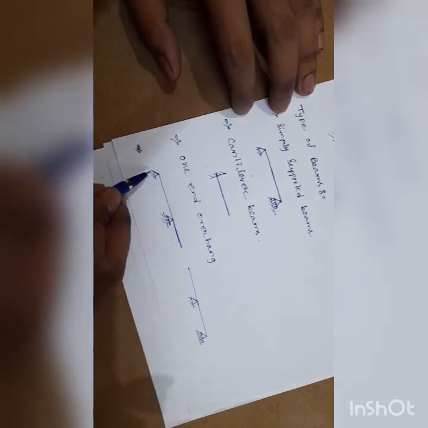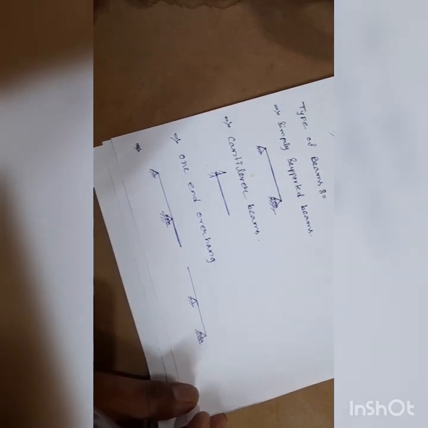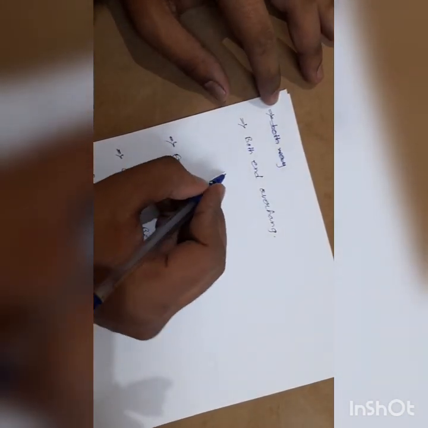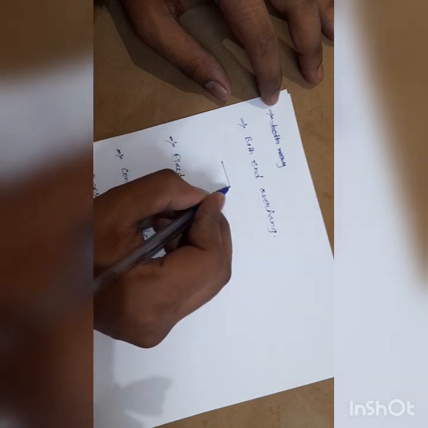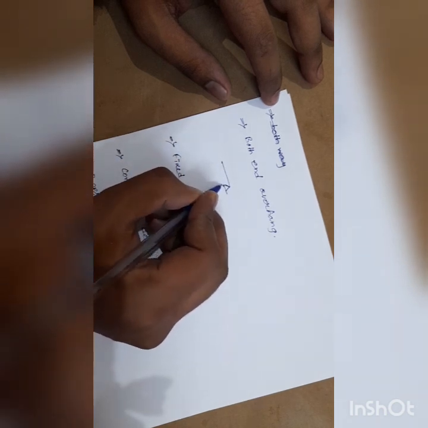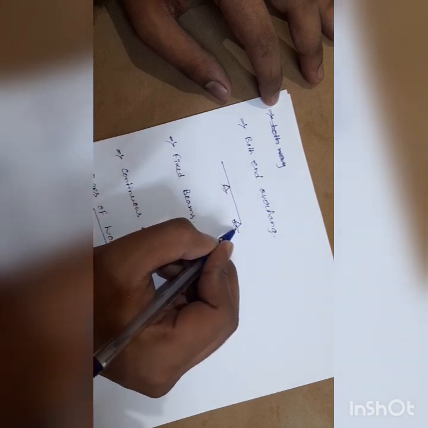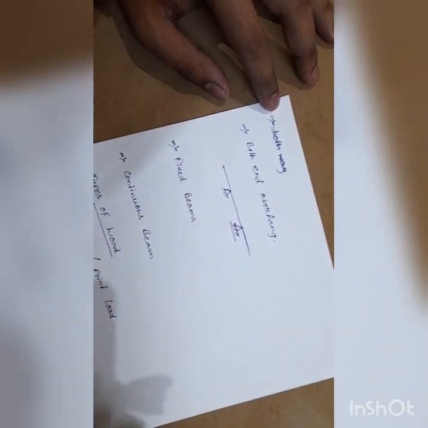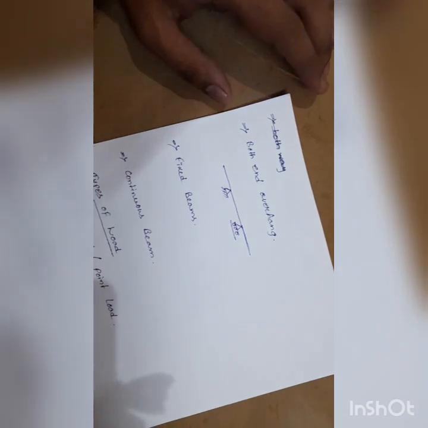Either right or left, any one end is overhanging, then it is known as one end overhang beam. Now for both end overhang, how does it look? It looks like both ends are hanging. It is known as both end overhang.